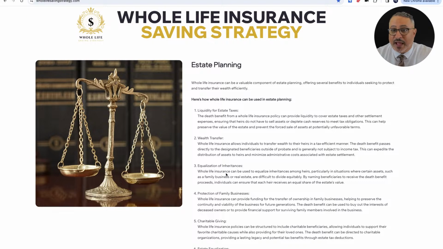And again, part of that is you can require that your children or your grandchildren or whoever become educated about this strategy and use a portion of the money to purchase additional insurance, thereby perpetuating the ongoing generational cycle of protecting and storing money in a properly designed whole life insurance policy for generational wealth.